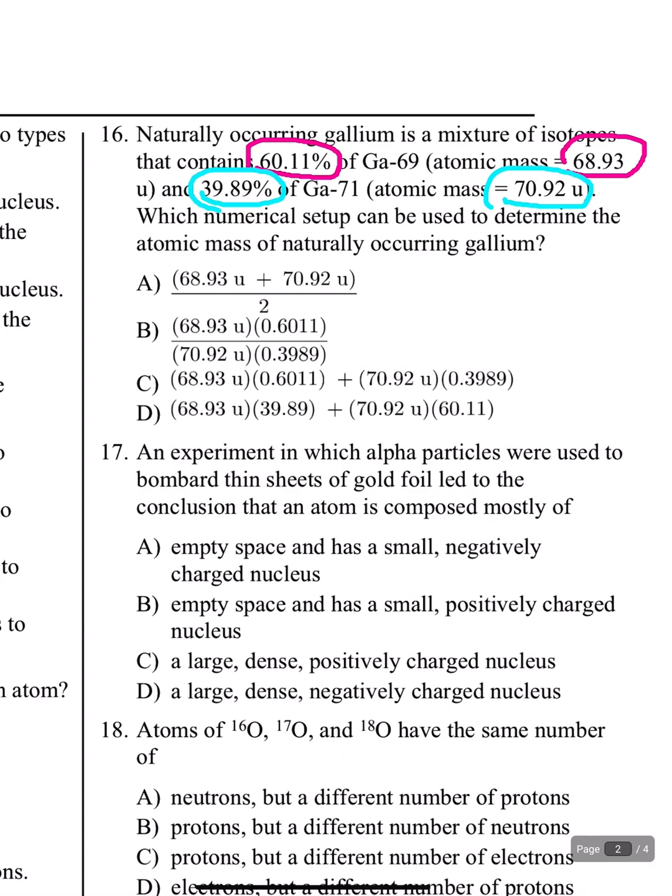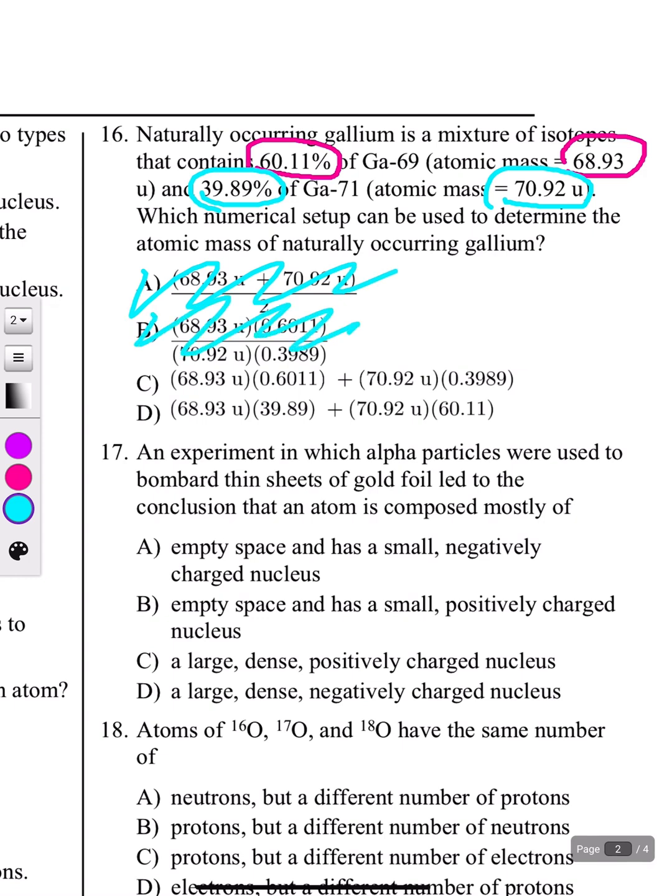They're just testing you on, do you know how to solve for this? So do you know how to set this up and put it on a calculator? Okay, so this one I'm going to look which one is making these percentages into a decimal. I'm going to cross out these that are talking gibberish, have nothing to do with the setup that we've seen before.